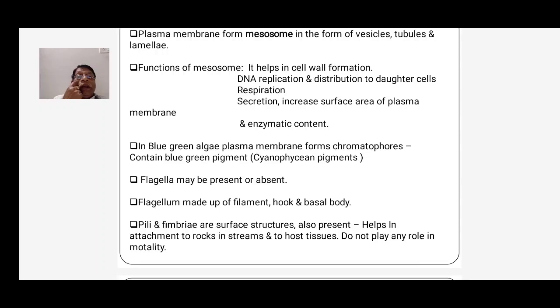It also helps in DNA replication and distribution to daughter cells. Mesosome also helps in respiration. In bacterial cells, there is no mitochondria, so mesosome takes the part of mitochondria.